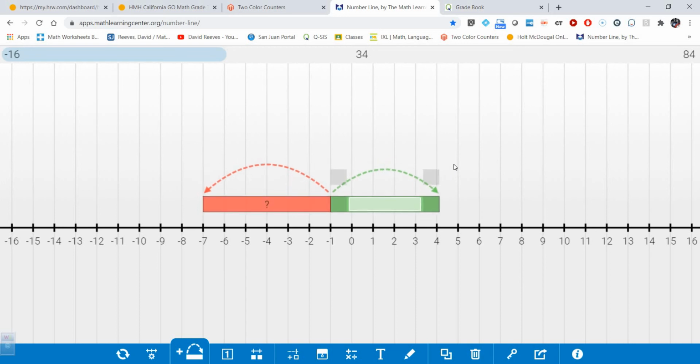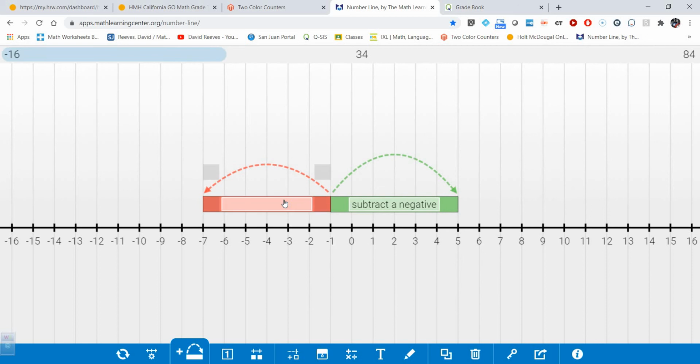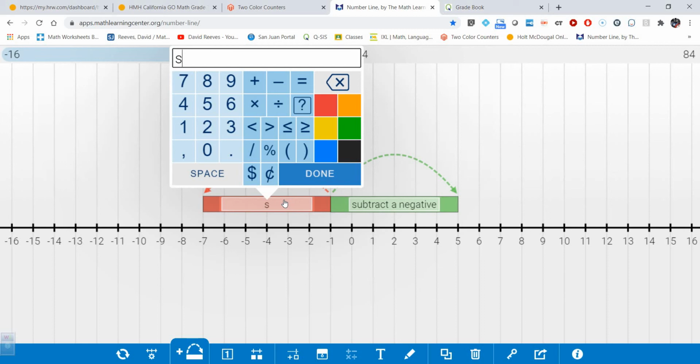If I want to go to the right on the number line, you know that we can add a positive. But how else do we go to the right on a number line? By subtracting a negative. And over here, how do we go to the left by subtracting? Well, that is when we subtract a positive.